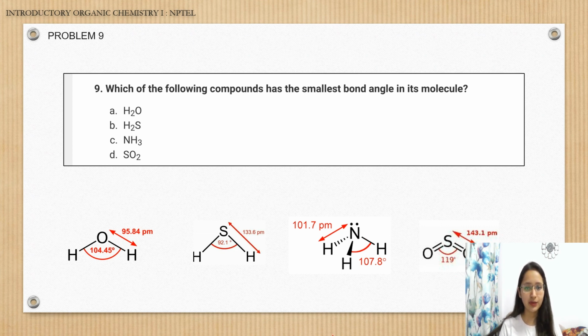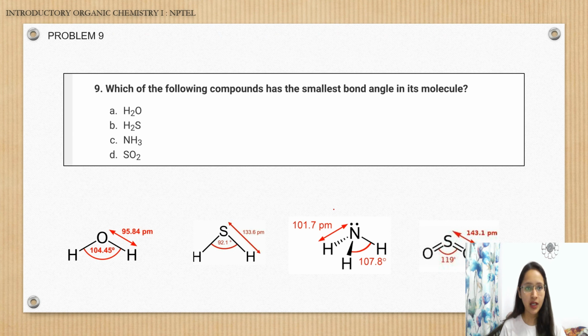So I'm moving forward. So here we come to problem number 9. Here, actually, I have given you the answer now. They are asking which of the following compounds has the smallest bond angle in its molecule. As you can see, I have not added any animation, so that is why it is clear to all of you, but it's okay.